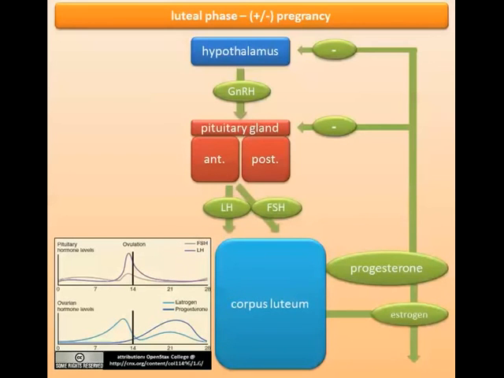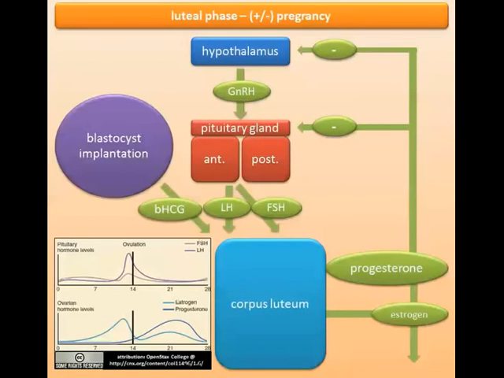If there is a pregnancy, the main difference is that the blastocyst implants, and you have beta HCG production. The beta HCG production actually starts a little bit before implantation, and it is very structurally similar to LH.